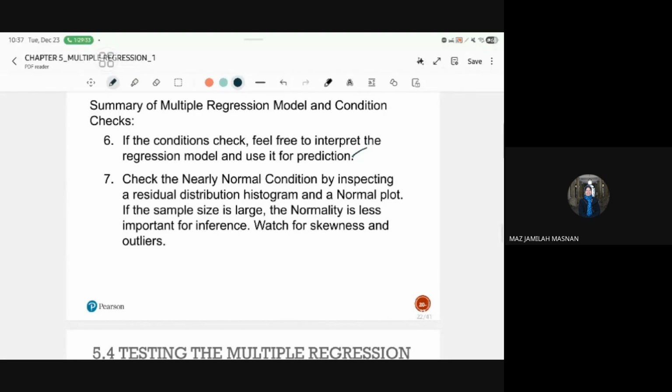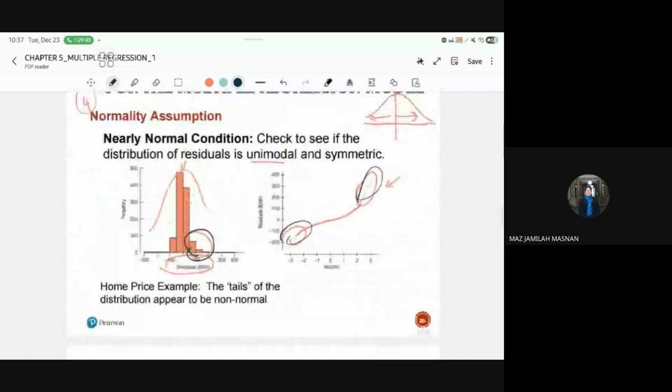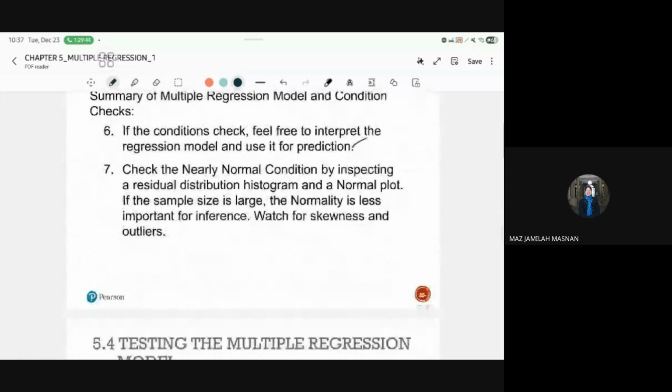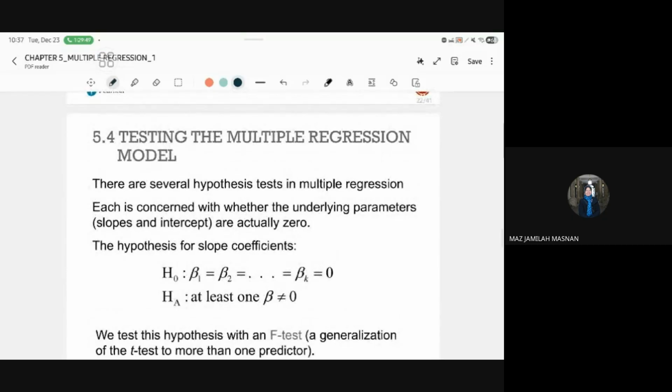And check the nearly normal condition by inspecting a residual distribution. That would be the last part of your checking. And that one is everything done by your software. So that would be on the assumptions.